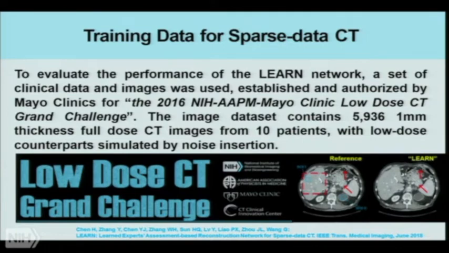An example in our paper, we utilized the CT data set established by Mayo Clinic.